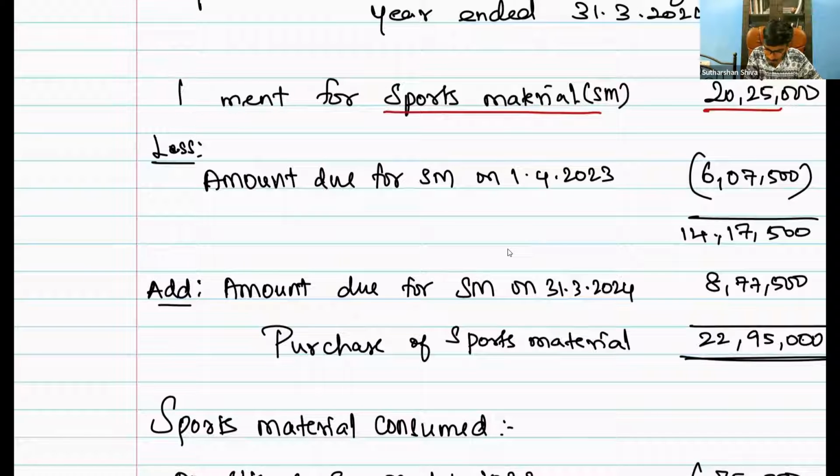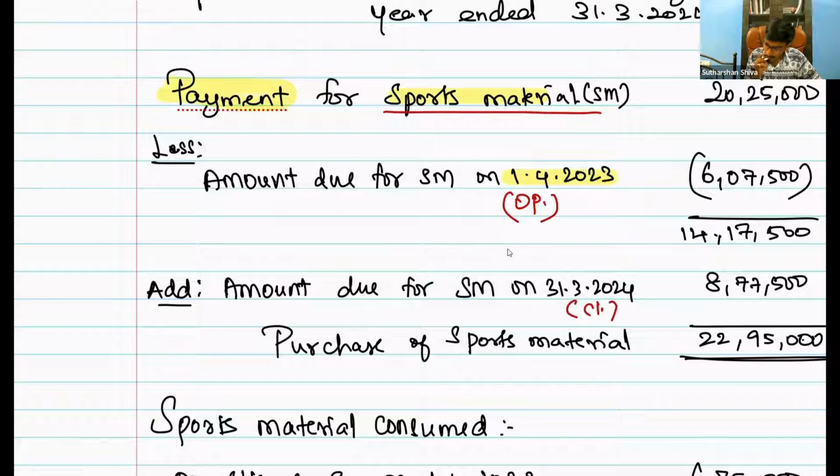This payment may be for everything. So what I will do, from the payment of sports material, I will less opening to make a reverse calculation, and add closing to arrive at the purchase of sports material.